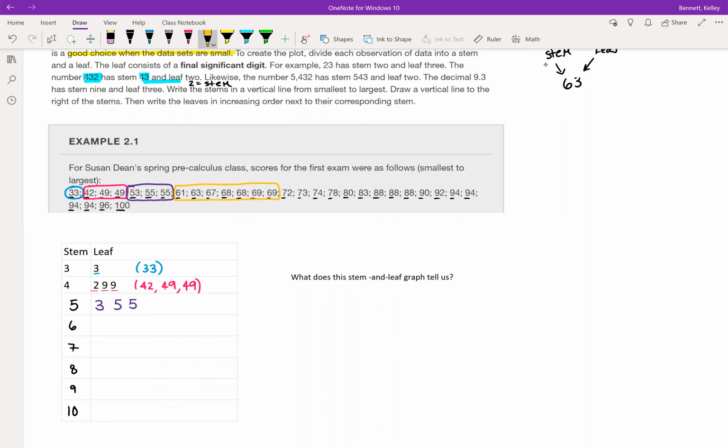I've got a 1, a 3, a 7, an 8, an 8, a 9, a 9. I'm going to write all those numbers out: 1, 3, 7, 8, 8, 9, 9. So the 6 is the stem for the 60s, and then that last digit at the end, those all get recorded, and you do write multiplicities.